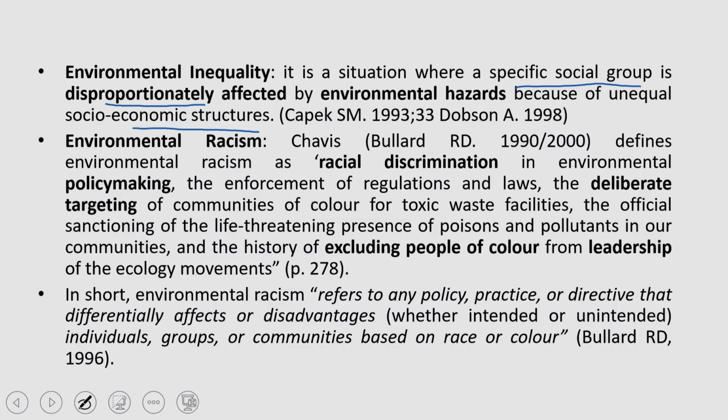It happens because we are living in a society which is based on socio-economic inequality. So if a particular social group is disproportionately affected by any particular environmental cause, that would be a case of environmental inequality. Now, what is environmental racism? We can say when that particular group happens to be of a particular race, then it is a case of environmental racism.